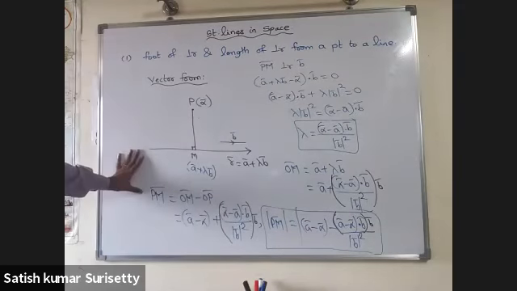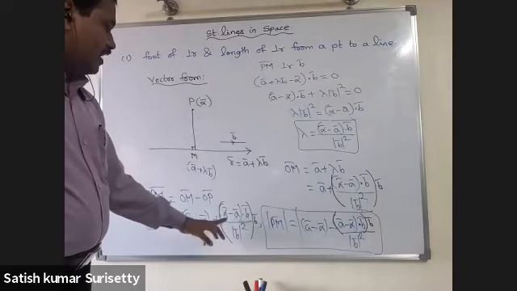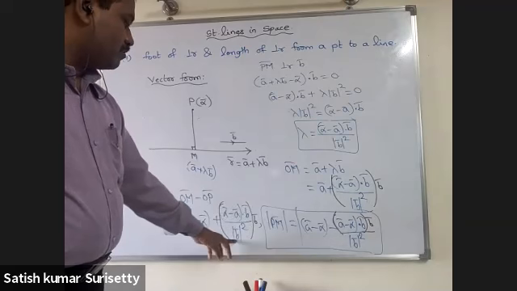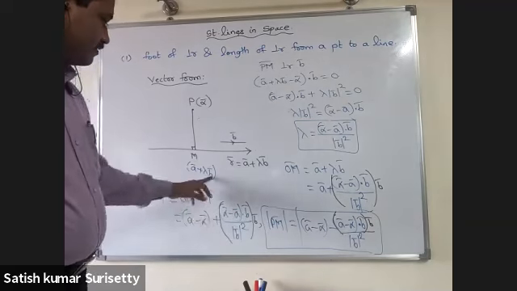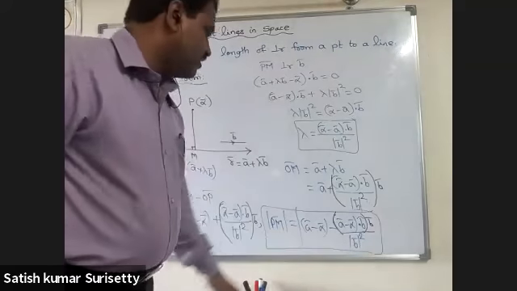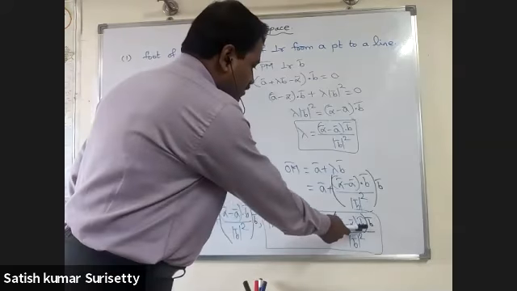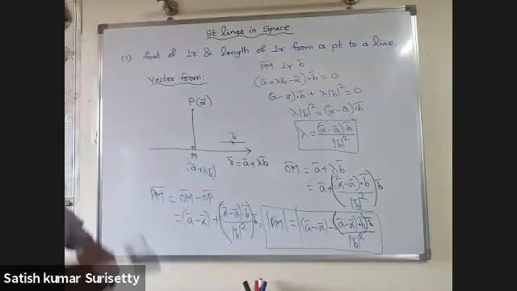Next, PM bar equals OM bar minus OP bar, that is a bar minus alpha bar plus (alpha bar minus a bar) dot b bar upon modulus of b bar whole square into b bar, and the length of the perpendicular is the modulus of this.